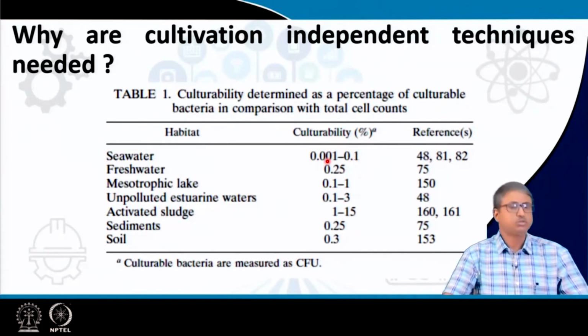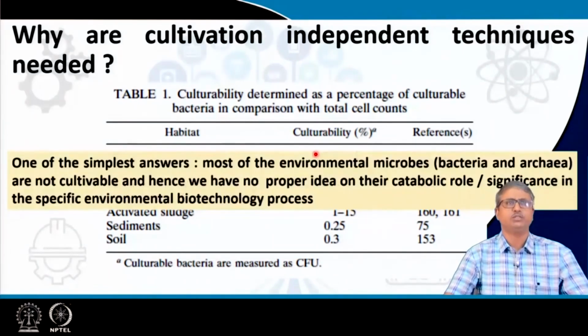So basically the cultivability of the organisms is very low, and in order to understand the true potential or true function of the community for any biotechnology process, we need to have cultivation independent methods. So the answer to the question of why we need cultivation independent techniques, one of the simplest answers, could be that most of the environmental microbes, that is the bacteria and archaea, are not cultivable.